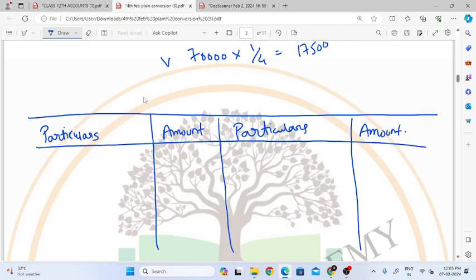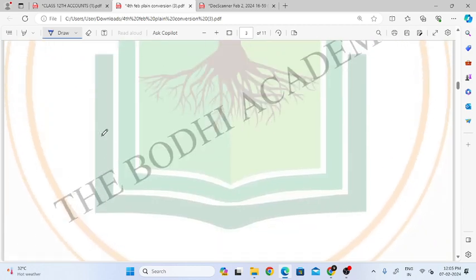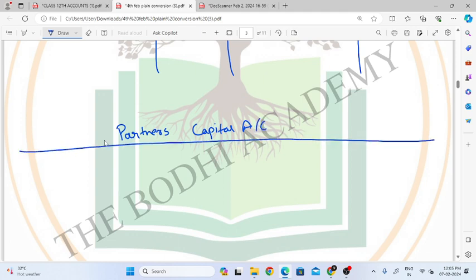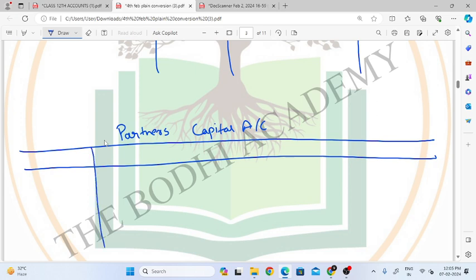I'll prepare the revaluation account. Then partners capital account. So we'll take as particulars Mickey, Vicky and Ricky.